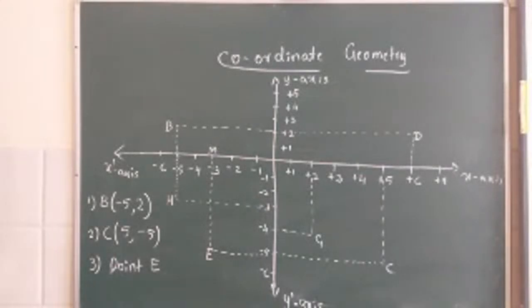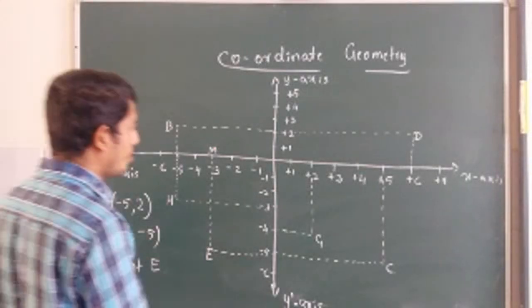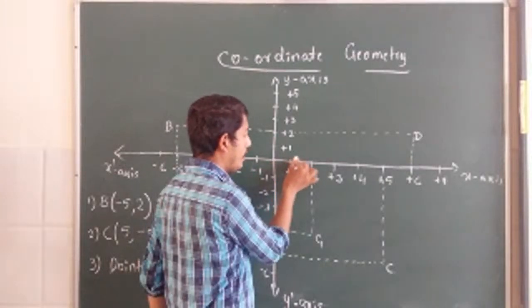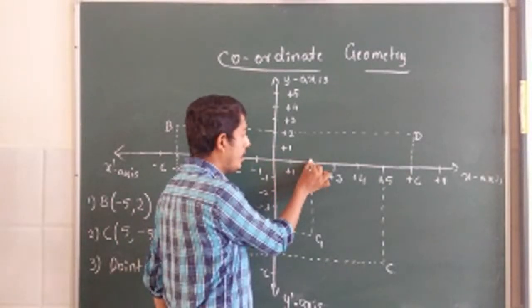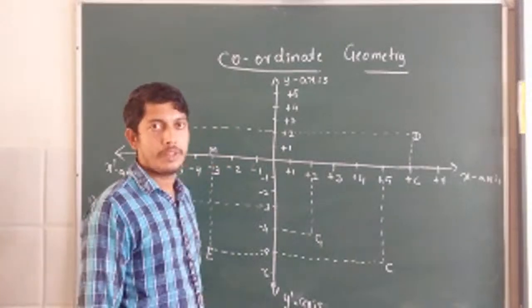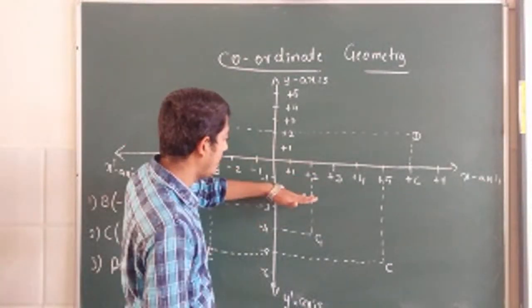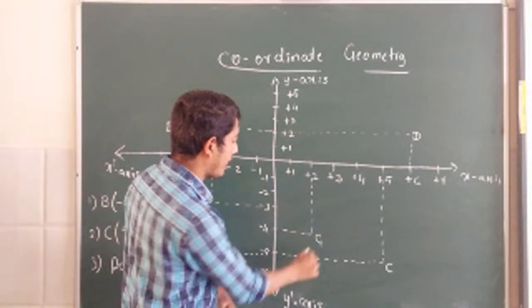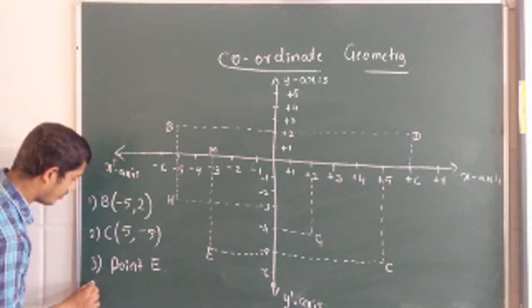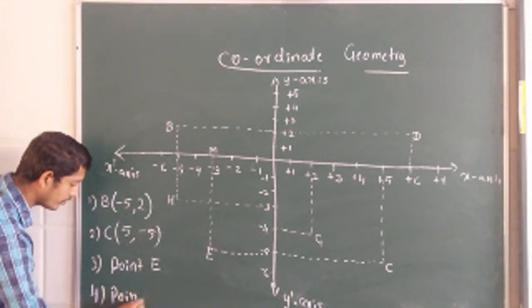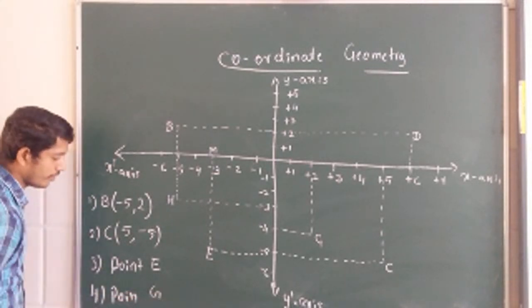Two means the x value: 1, 2. From here it has to move minus 4 distance. Minus 4 distance means it has to move in the downward direction: minus 1, minus 2, minus 3, minus 4. That's why the point is G. Point G.